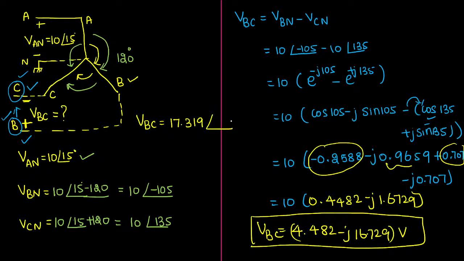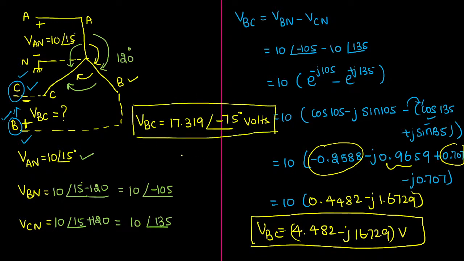For the phase angle, we must find 16.729 divided by 4.482. You know how to calculate the phase angle, right? First, we have to take tan inverse of imaginary by real, and you will get the phase angle theta. So I am getting minus 75 degrees, volts. So this is the correct answer for the given question.